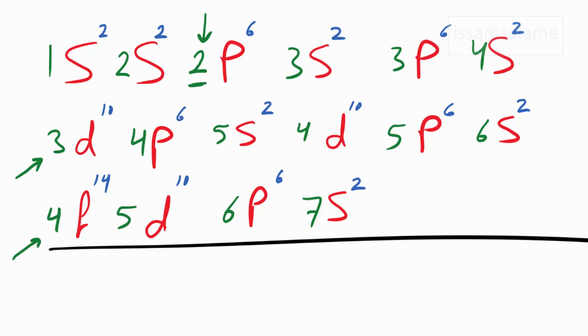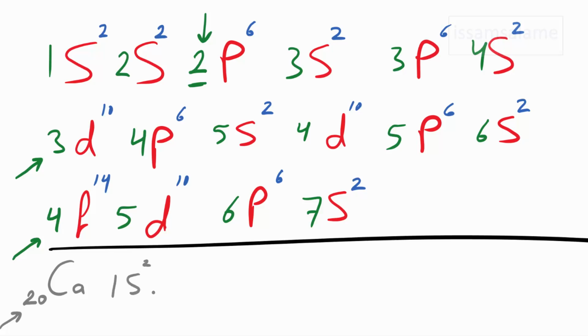I will give an example. Imagine that they ask you to write the electronic configuration for calcium 20. Calcium 20 means that it has 20 electrons, and you have to distribute these electrons on the different subshells. We have to start with them in order. The first subshell is 1s2, so we start with 1s2.